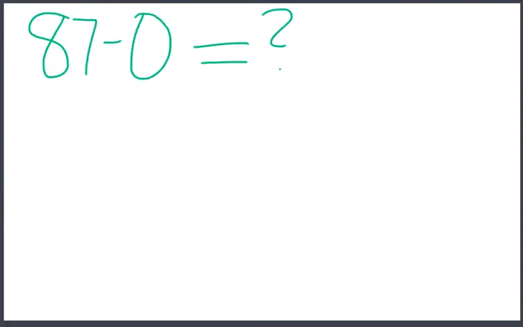Check out 87 minus 0. What does that equal? That equals 87. Because what are we taking away? 0. When we subtract 0, we are not taking anything away. So we still have 87.